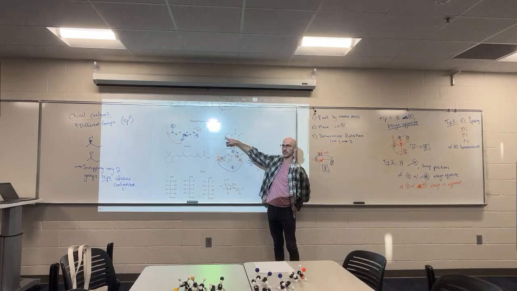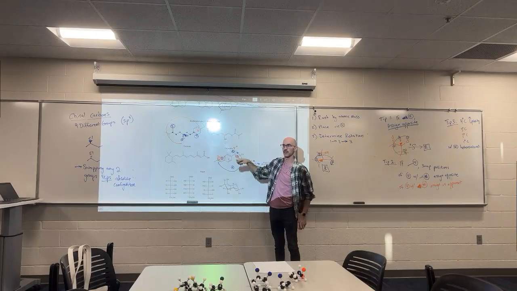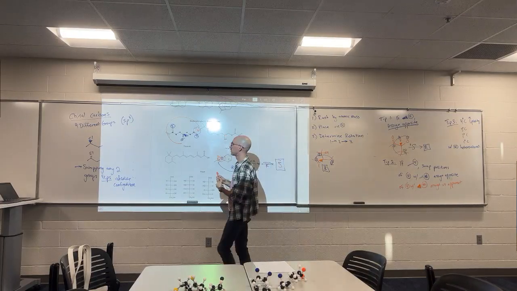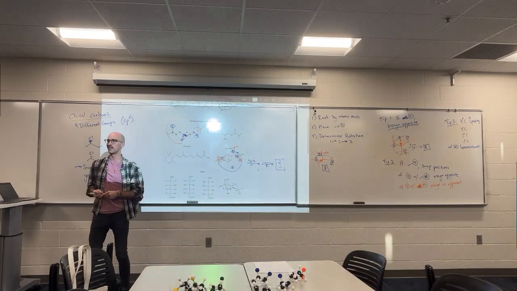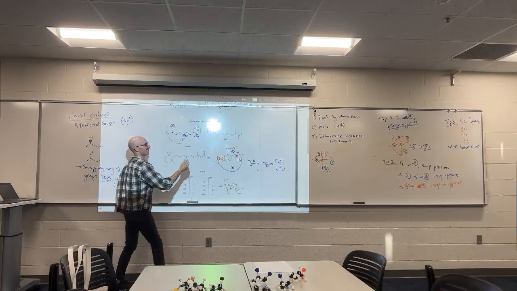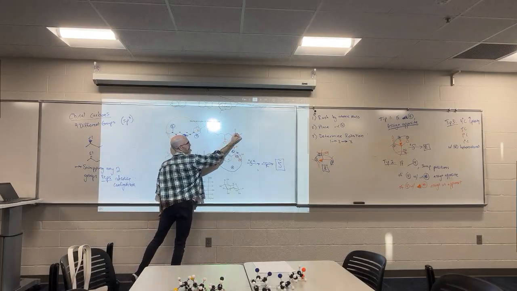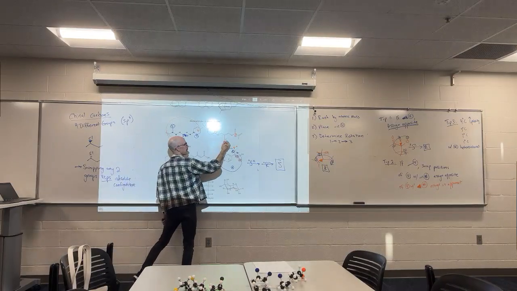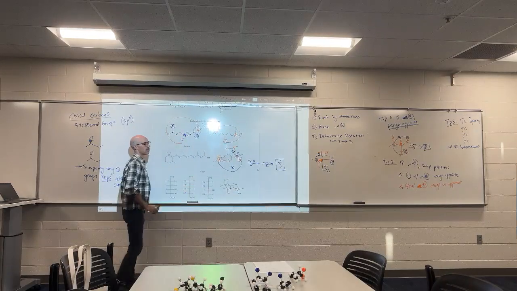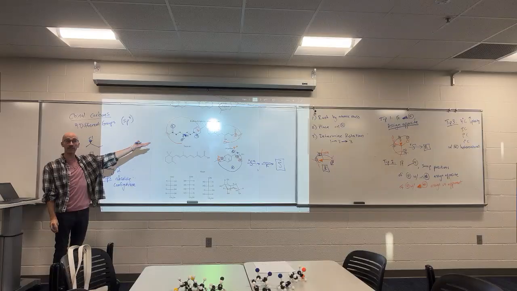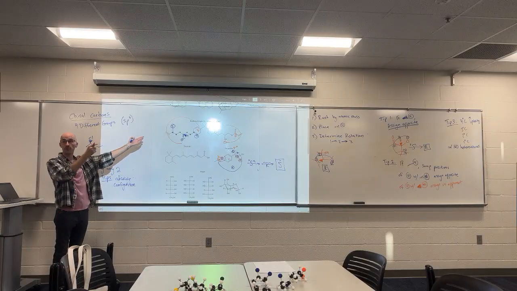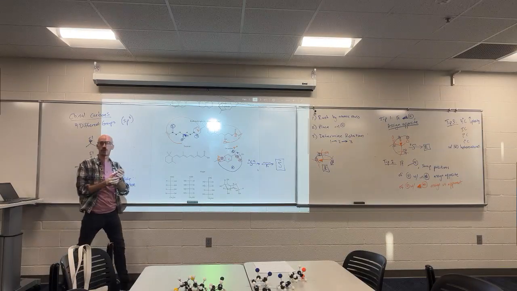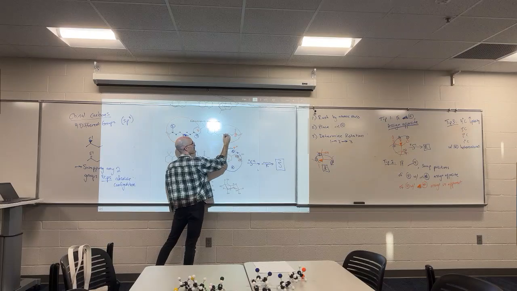Dash the OH, wedge the H. Here's what you should do. Assign priorities. Okay, we already did the heavy lifting. Determine the rotation, 1 to 2 to 3. That would be S if we followed rule 2, if the hydrogen is dashed and the OH is wedged.